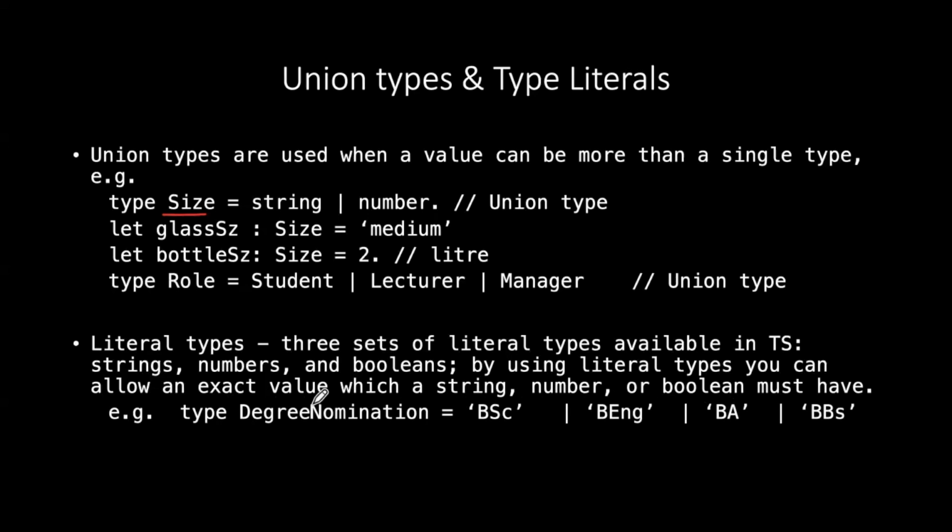Note what we're defining here now is a type. Later on, we might declare a variable of that type, and that variable can only have that value, or that value, or that value. If you try and assign anything other than those three strings to that variable, then the compiler will complain.